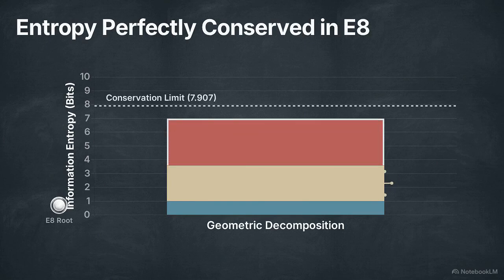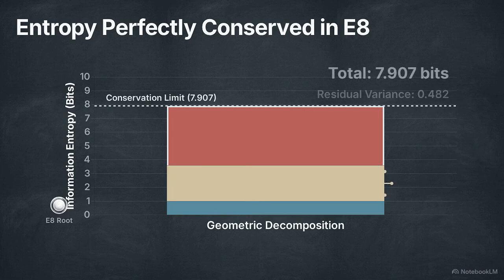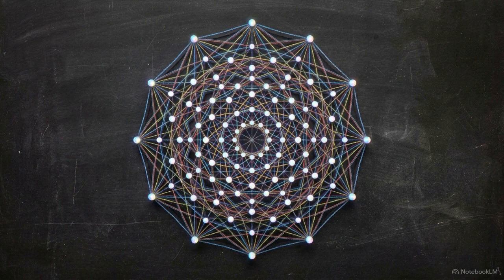The octanonic layer locks in the final 5.401 bits. This gives the absolute exact fine position of the data within the 240 root framework, bringing the total exactly to 7.907 bits and leaving a residual variance of 0. With 0 unexplained variance, the E8 lattice functions as a naturally occurring latent variable model for information storage.